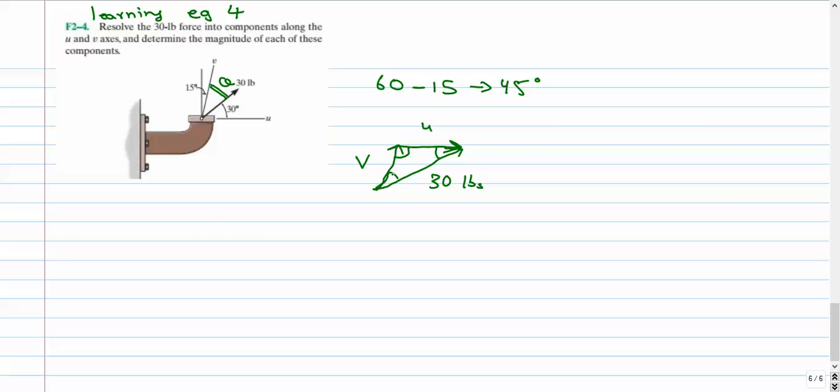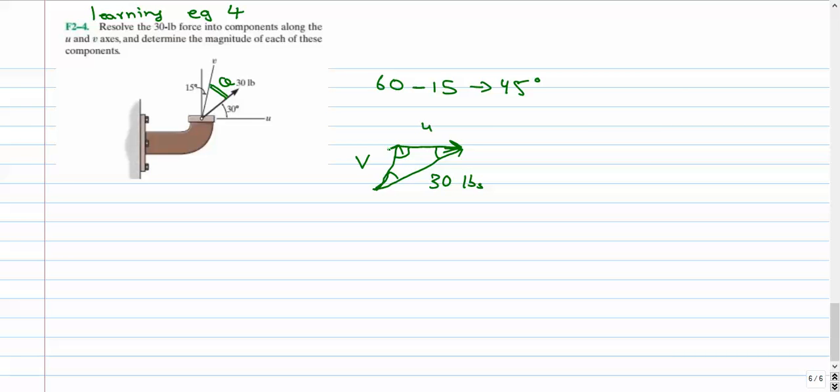We know that the magnitude of this line is 30 pounds. So what we need is the length of these other lines, and those lengths are going to be the components of the 30 pound force.